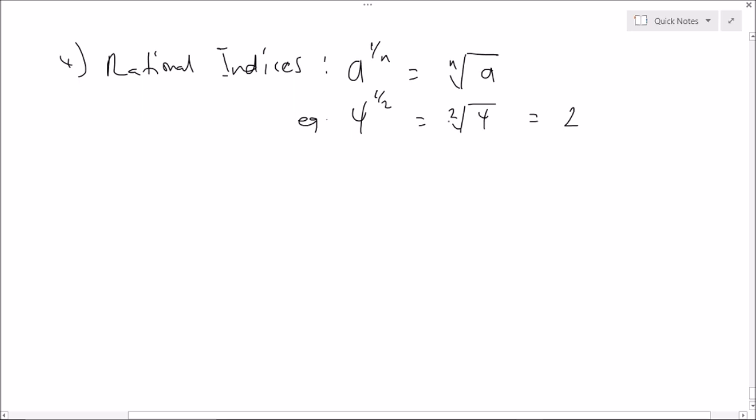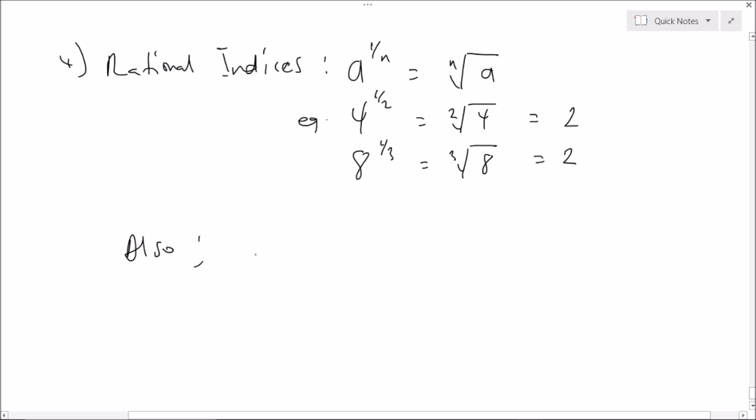Normally, we don't write the 2 when we have exponent 1 over 2. Or if you have 8 exponent 1 over 3, then this implies the cube root of 8, which also gives us 2.